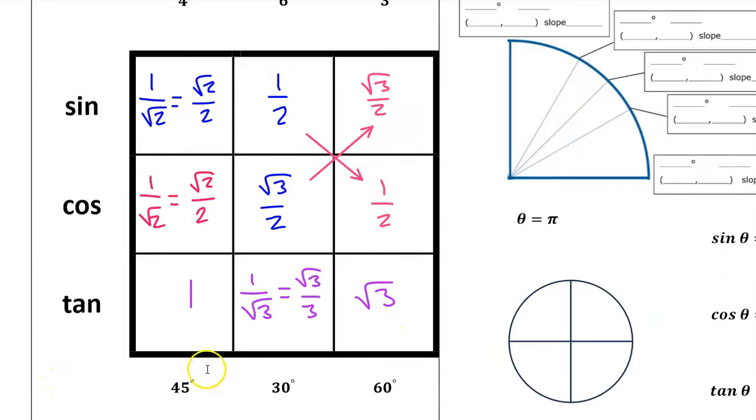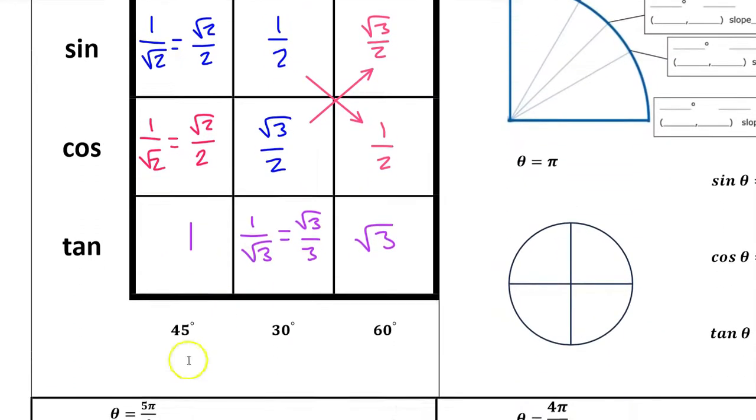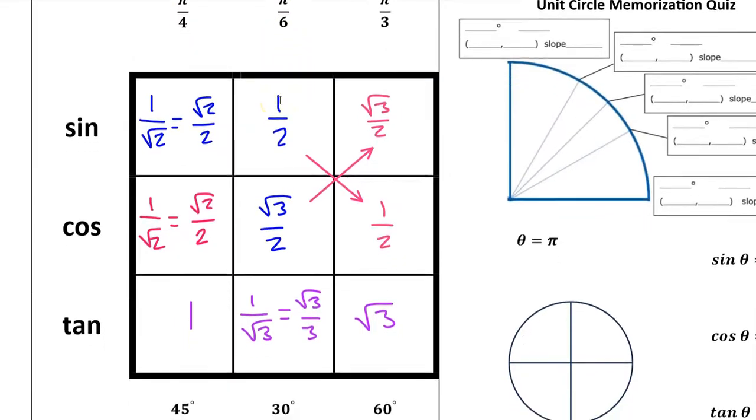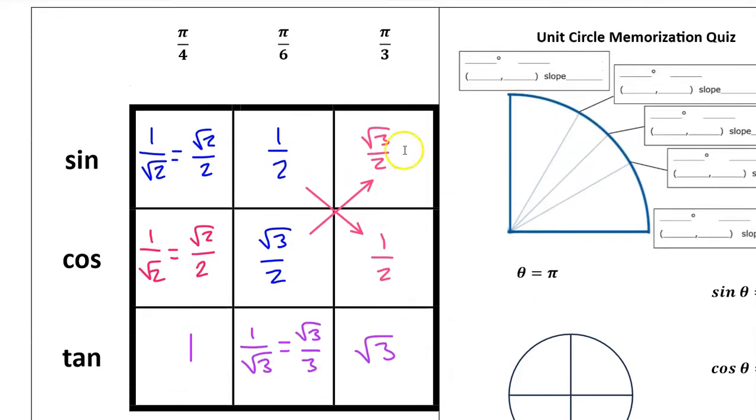In precalculus and calculus, we use radians instead of degrees. But just for one moment, I need you to make this connection. 45 degrees is what we will now call pi over 4. Pi over 6 is what we used to call 30 degrees. And 60 degrees is the same as pi over 3 radians.